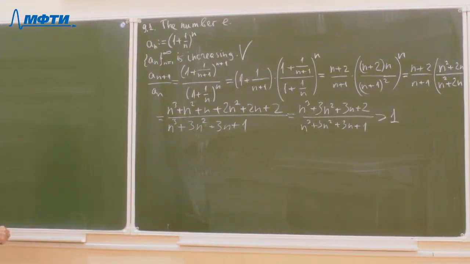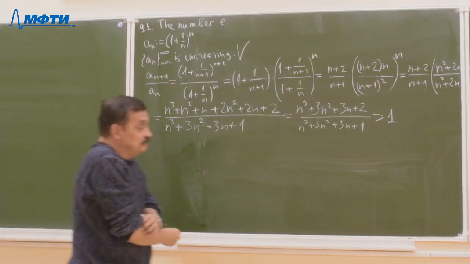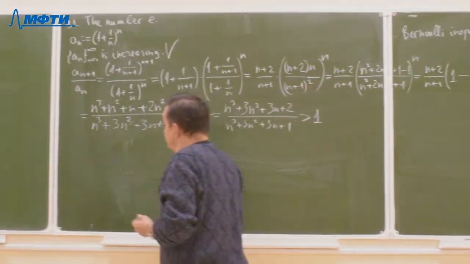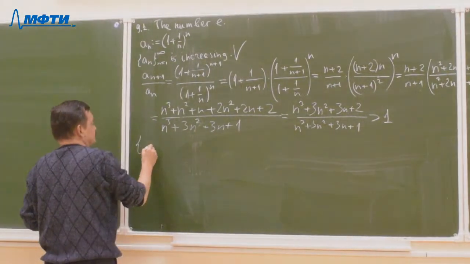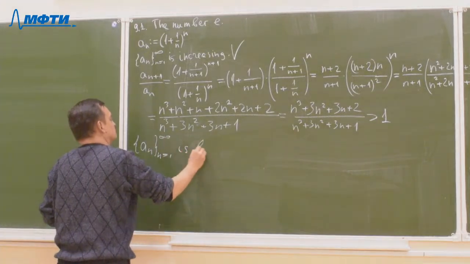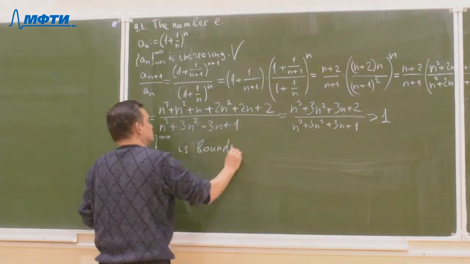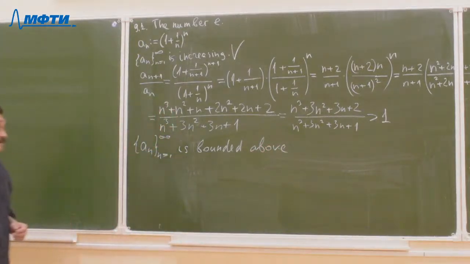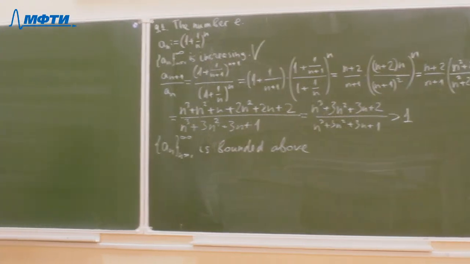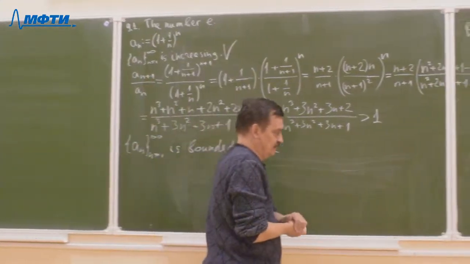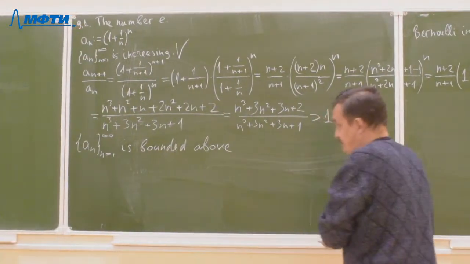a_n is increasing. The next claim which we have to prove is that a_n is bounded above. Again, there are different ways to prove it, and I'll use similar considerations, but for another sequence.